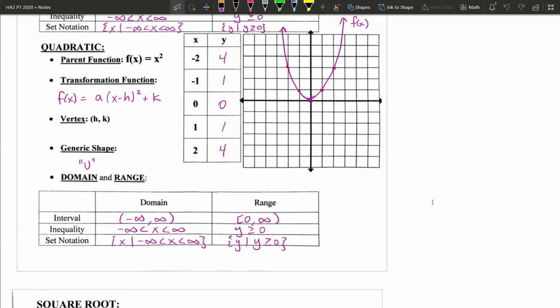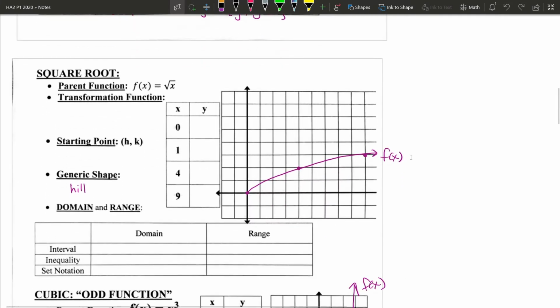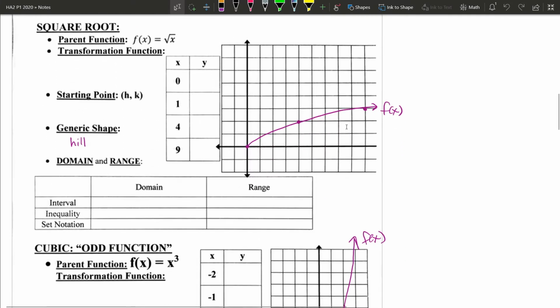The next parent function we're going to talk about is the square root. And this is a weird looking one, I'm not going to lie to you. All right, the square root one. So the graph of square root looks like this. It looks like we're missing part of it, but that's what it does. When I graph these, I pick points that are perfect squares.